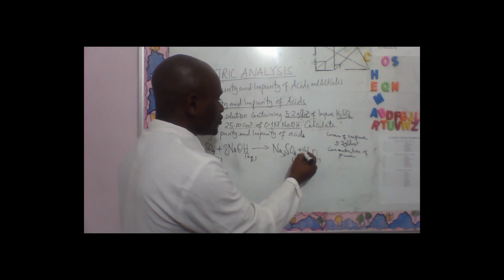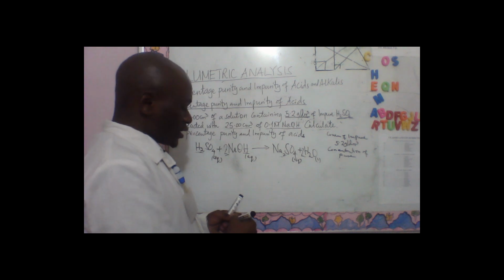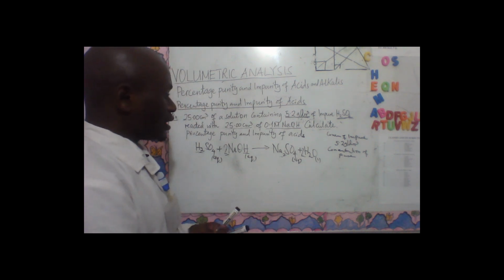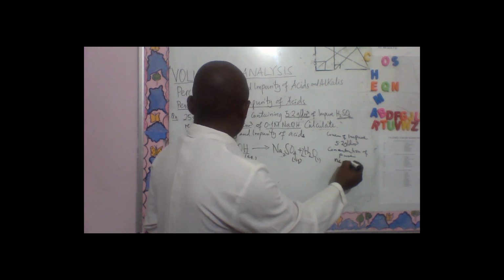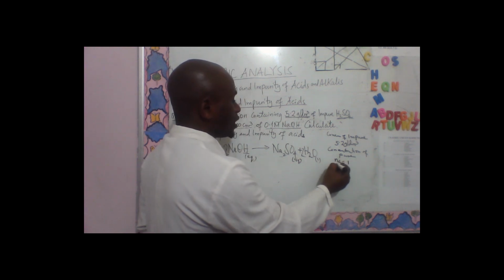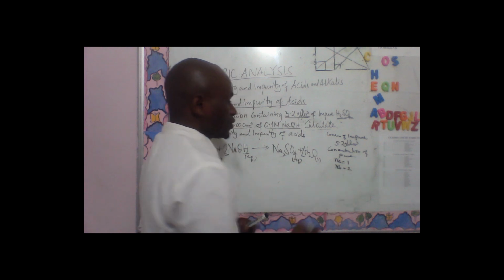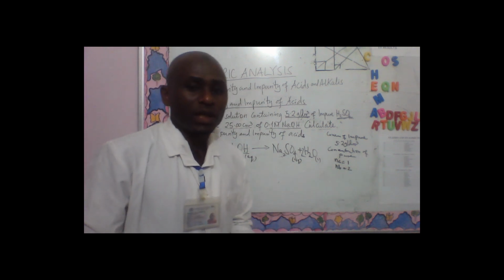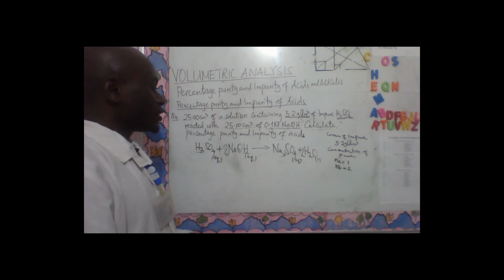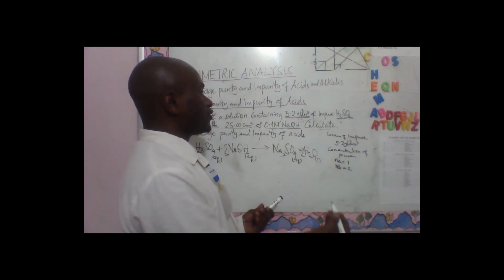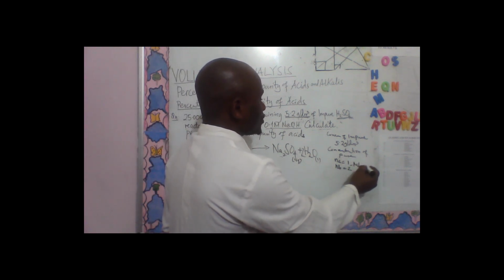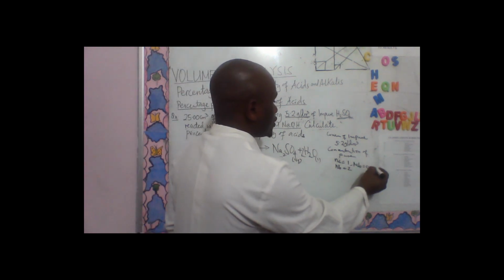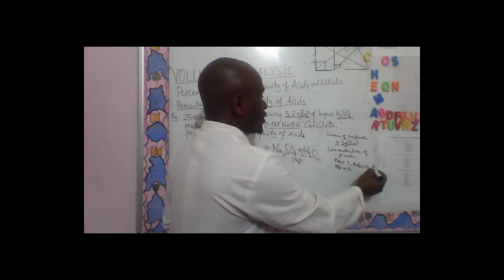After placing 2 here to balance the chemical equation, this gives us that the number of acid is equal to 1, but the number of base is equal to 2. This is very important data which we require during the calculation. We also have the molarity of base, which is equal to 0.1, and our base is sodium hydroxide.